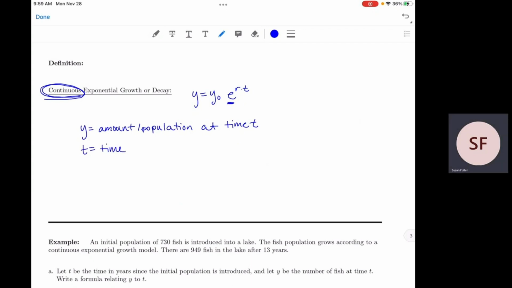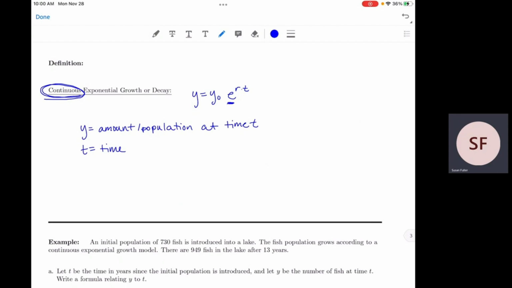And again, this one can be measured in any units that you would like, because it's continuous, and everything's going to be growing every second, every moment.